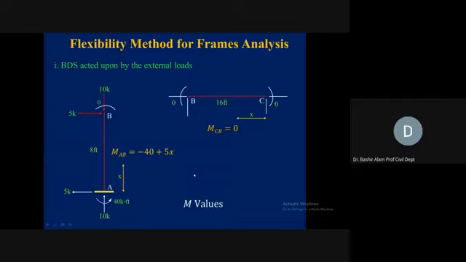So here now, quickly you write down, remember this MAB is applicable from 0 to 8. I is I, and MAB equation is 5x minus 40. Similarly, for BC, the limit is from 0 to 16. I is 2I, and MBC is equal to 0. Origin is C.